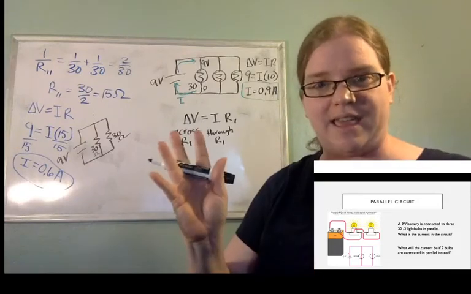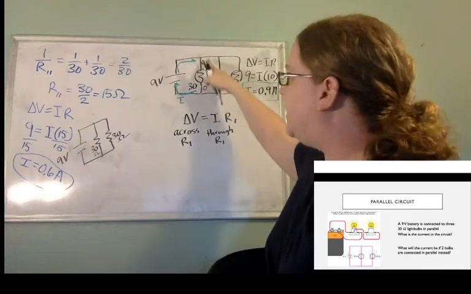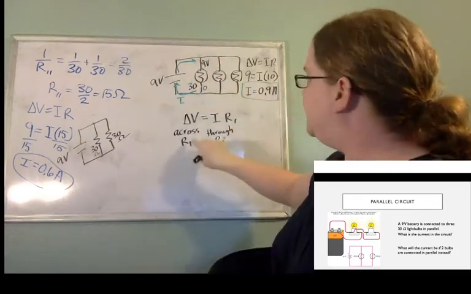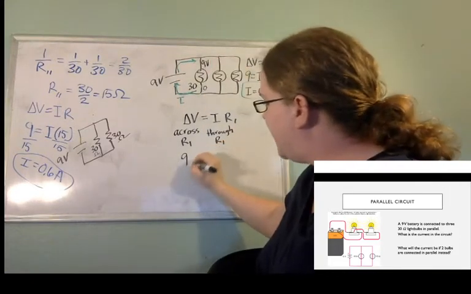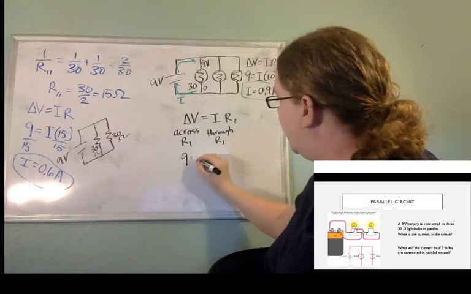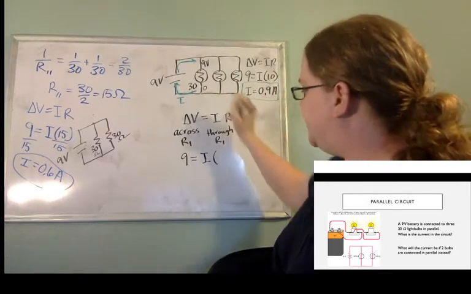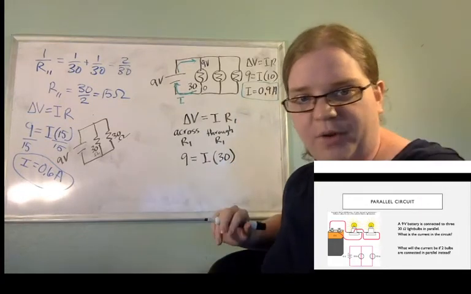We're no longer thinking about the whole circuit, just this little piece of it. My delta V across is still 9 to 0, a drop of 9 volts. I don't know the current, but I know my resistance is 30, because it's a 30 ohm light bulb.